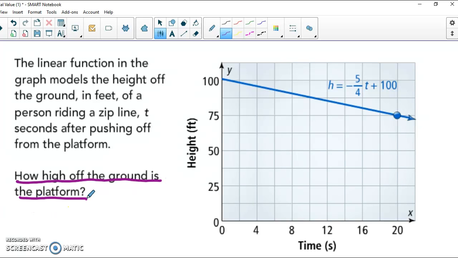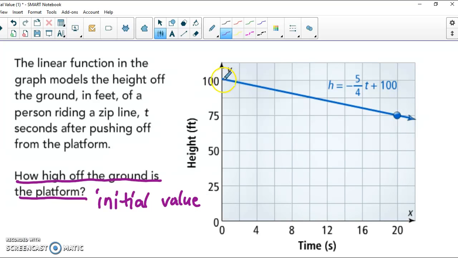Well, as I think about the different parts of a linear function, I know that after 0 seconds, I'm still going to be on the platform, right? So if I want to know how high off the ground the platform is, then I'm looking for my initial value. Because my initial value is going to tell you where I'm starting from.